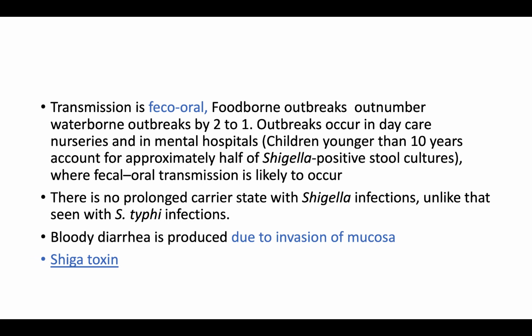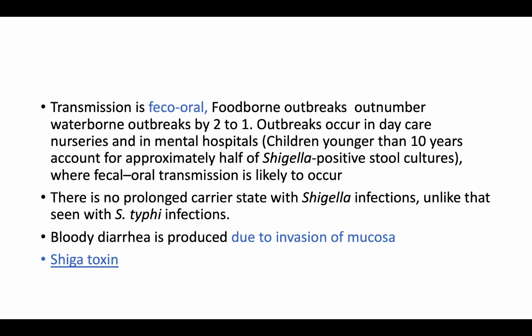It's a foodborne outbreak, which outnumbers waterborne outbreaks by 2 to 1. Why? Because you need to ingest a large amount of water, and water usually dilutes things, right? So you need to drink a lot of contaminated water to accumulate enough infectious dose to cause disease.